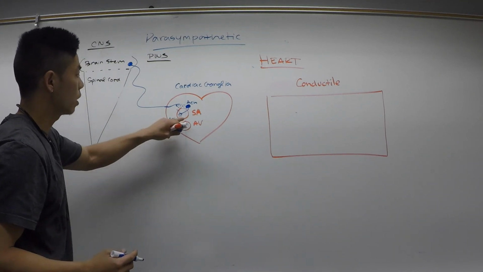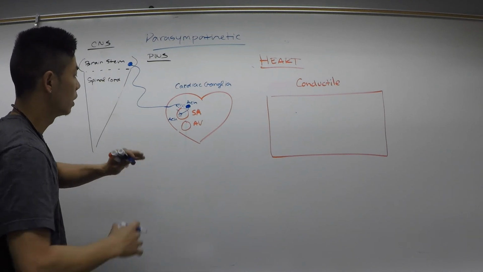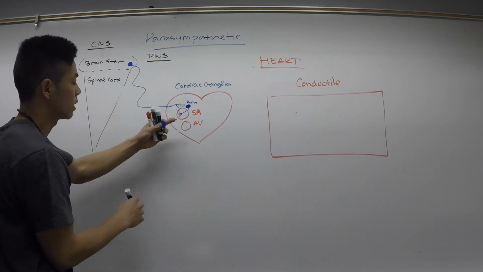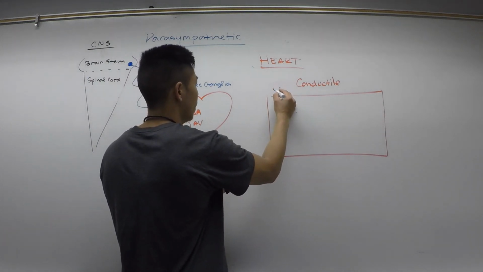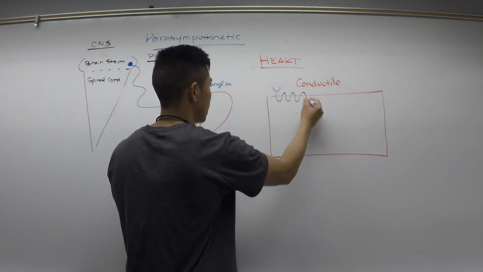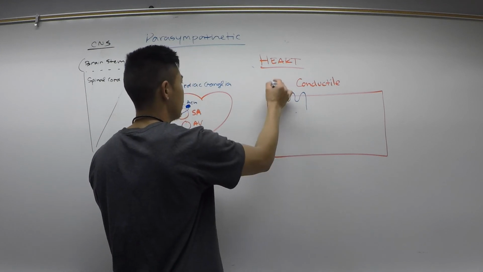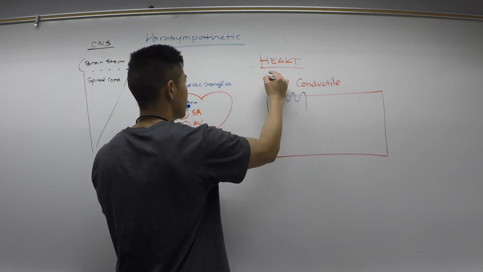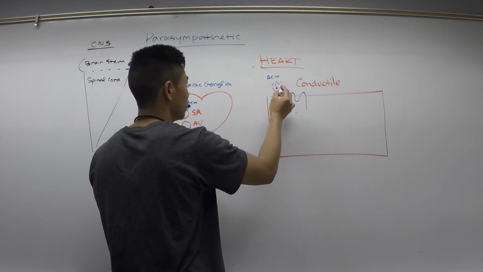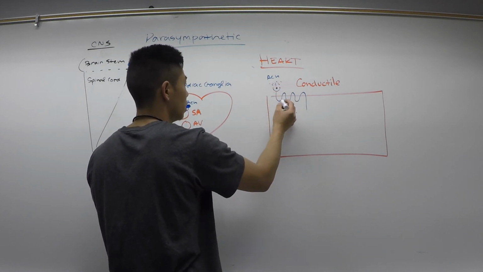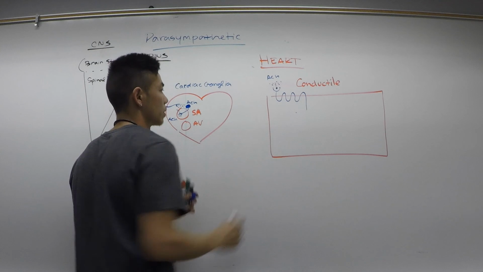And so we're going to release our acetylcholine, and if we zoom in here onto, let's just say, our SA node here as our conductile cell, it's going to have a G protein coupled receptor, which is going to span the membrane 7 times, and we're going to have our neurotransmitter, acetylcholine, and it's going to attach on here to our G protein coupled receptor.